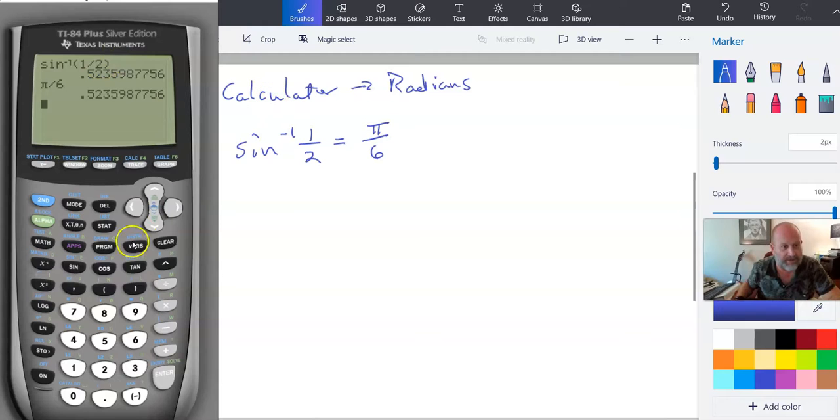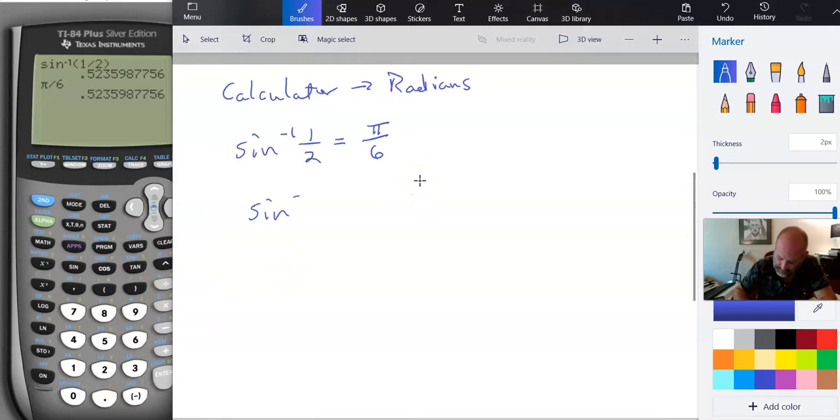And you're going to do the same thing with cosine and tangent. Here's what you want to remember, though. Sine inverse of theta will always spit out things that fall between negative pi over 2 and pi over 2.